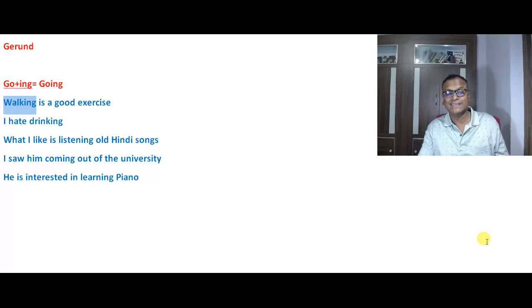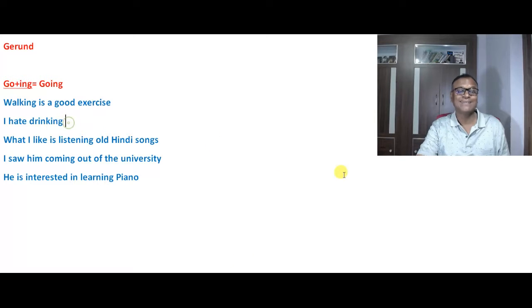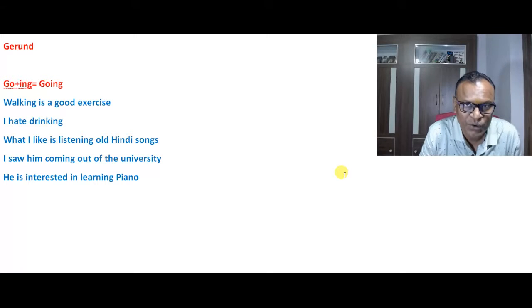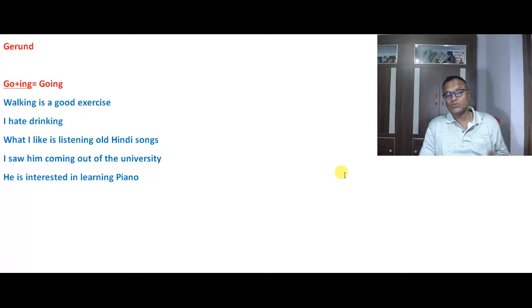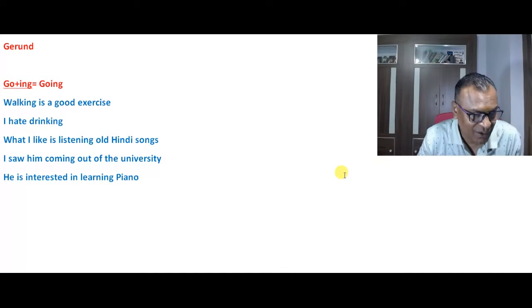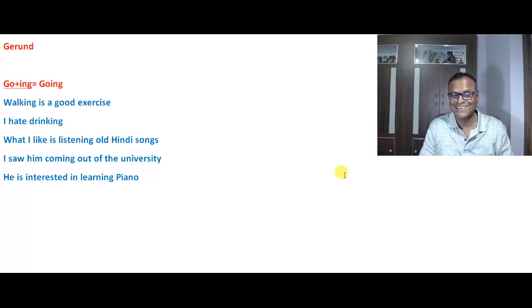But when I say I hate drinking, then I is a subject, hate is verb, and drinking is an object. I hate drinking. Okay, so we can use that now in that form, Gerund, as a subject or as an object.